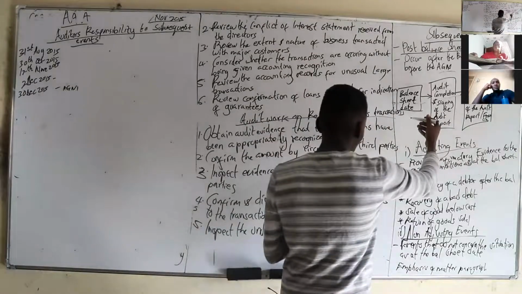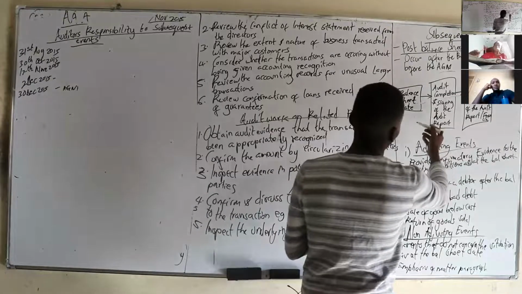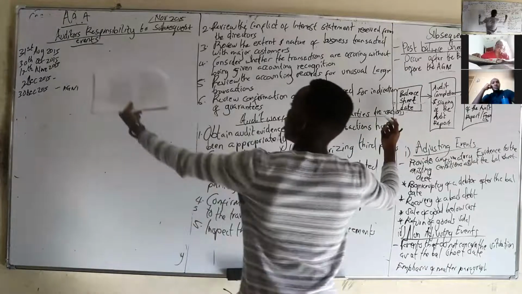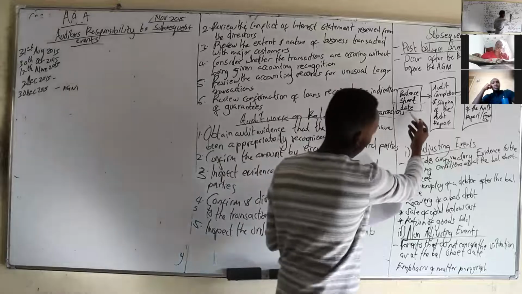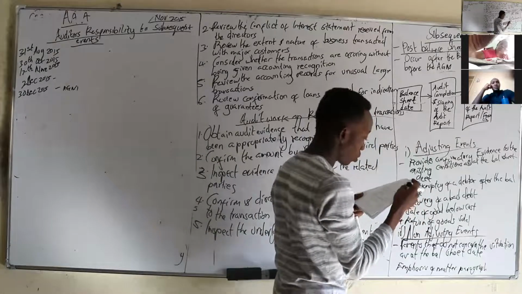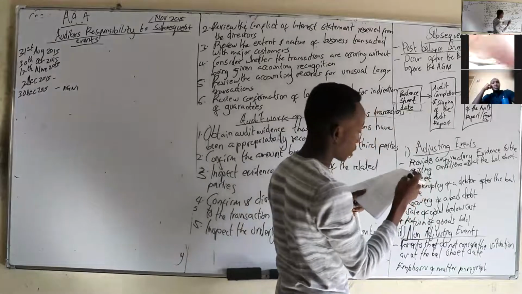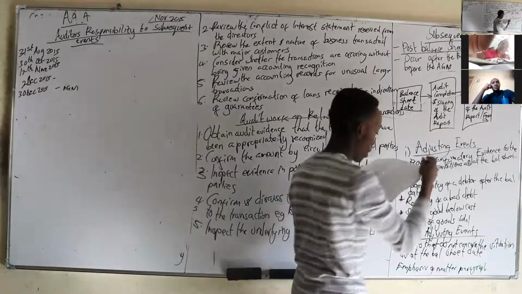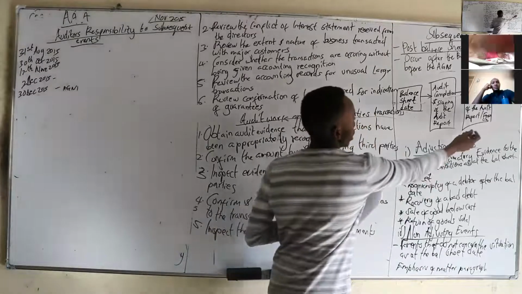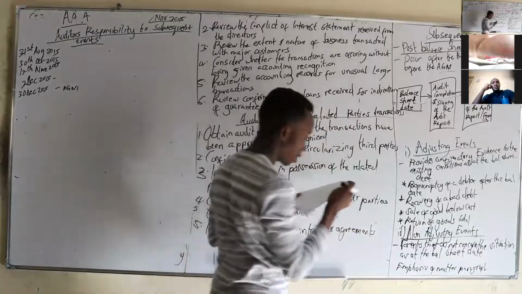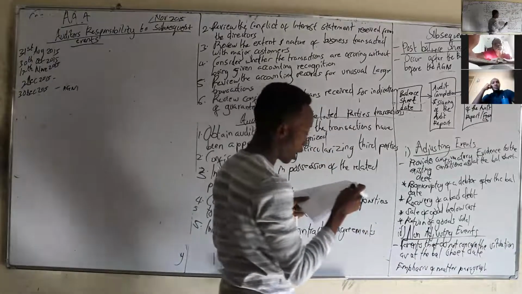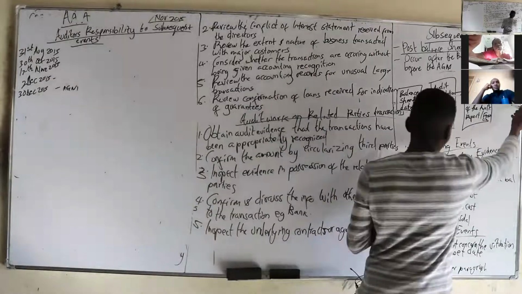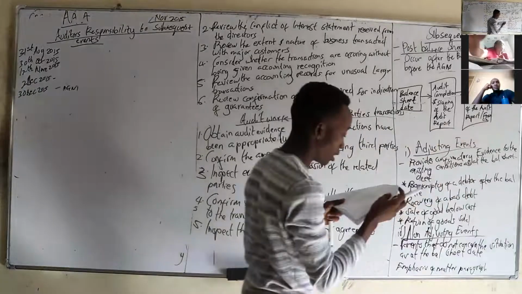For example, the balance sheet date in this case is 31st August 2015. Also, the financial statements are to be sent to the shareholders on 2nd December, and the AGM is to be held on 30th December 2015.